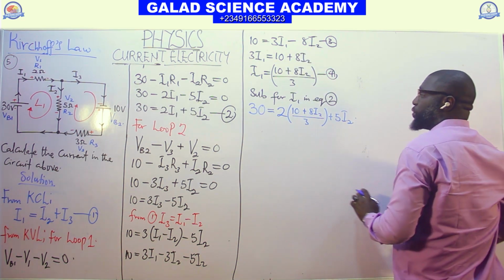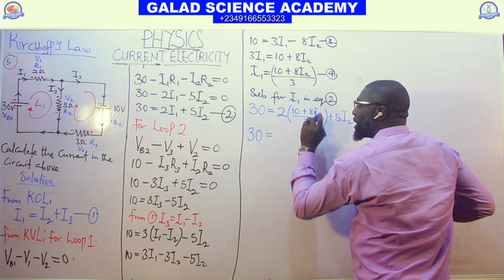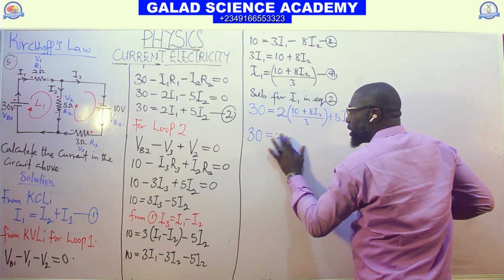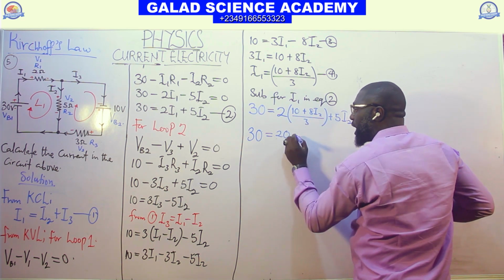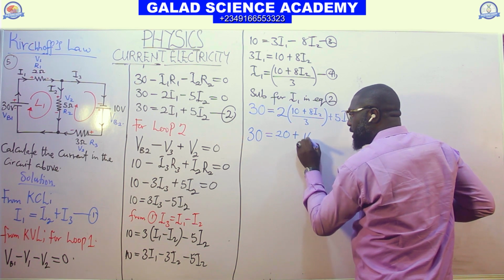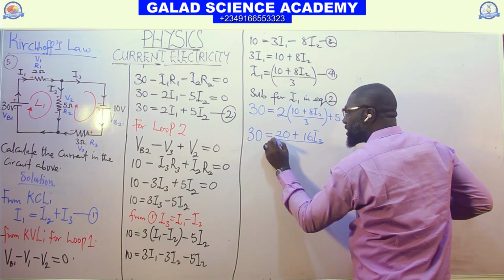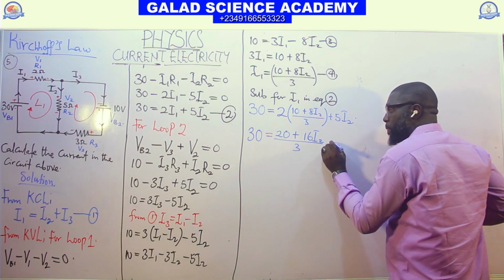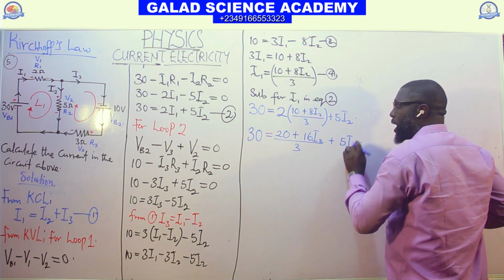So we have 30. 2 times 10 gives us 20. 2 times 8 we have 16I2, everything over 3, plus 5I2.